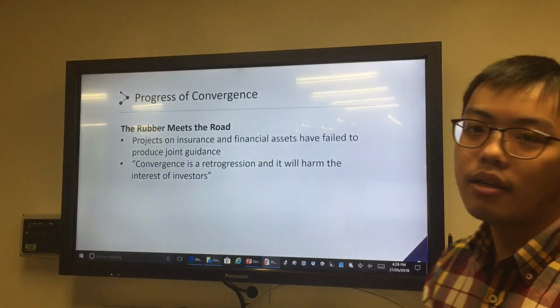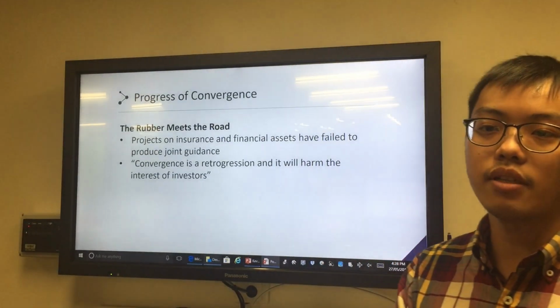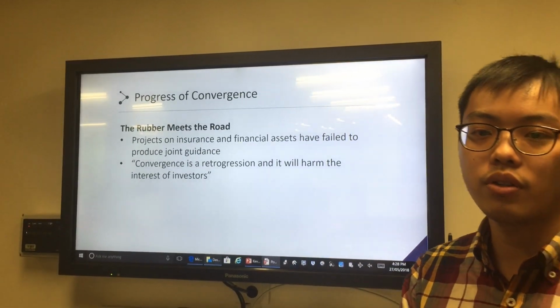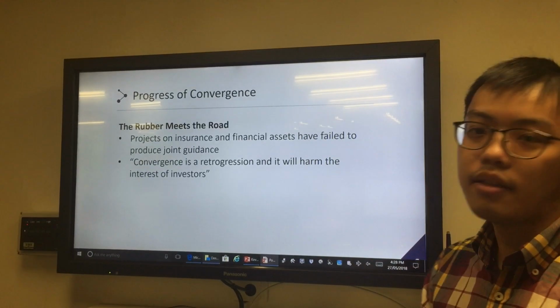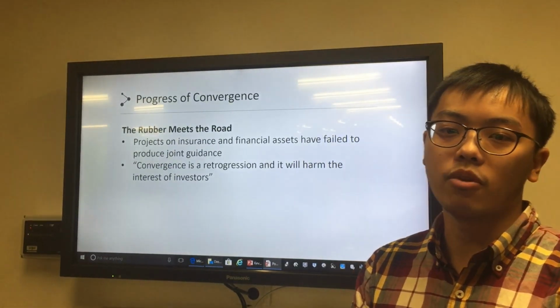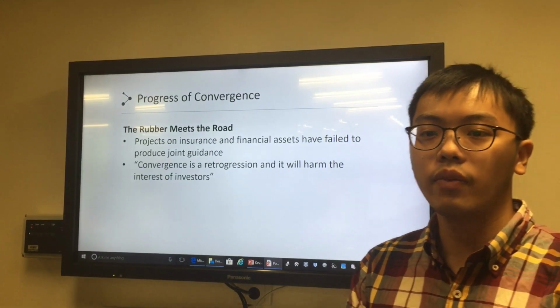On the other hand, the projects on insurance and financial assets have failed to produce joint guidance, and the boards have resigned themselves to producing different standards.